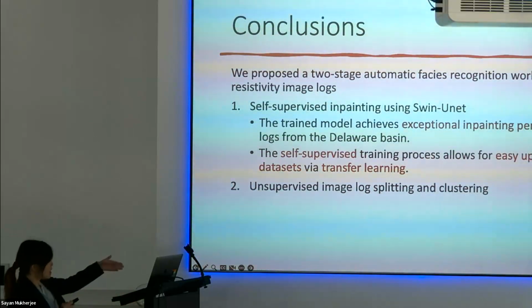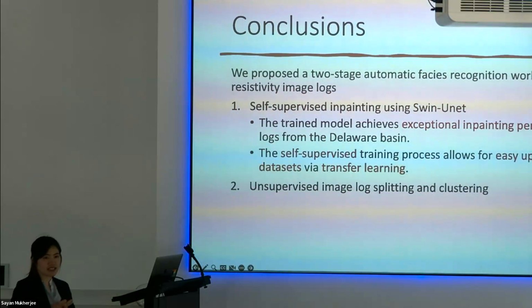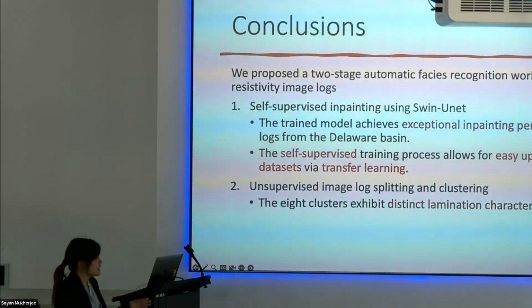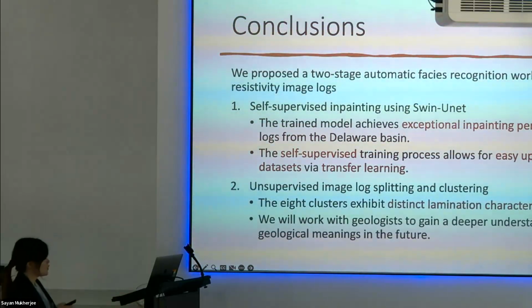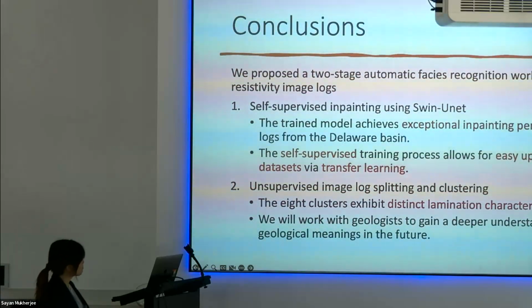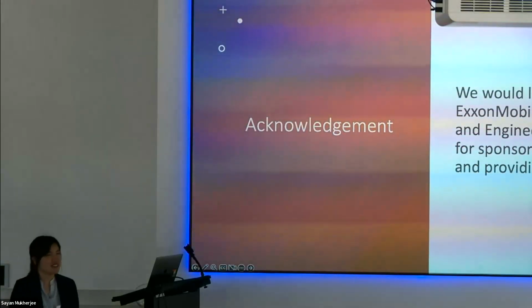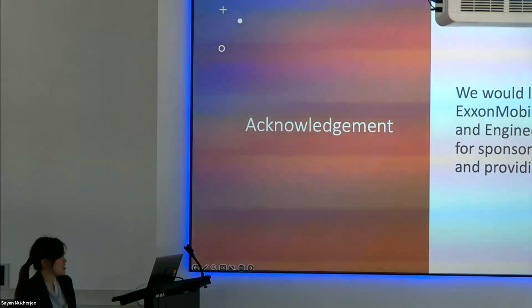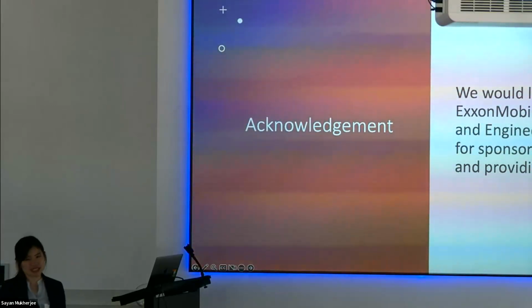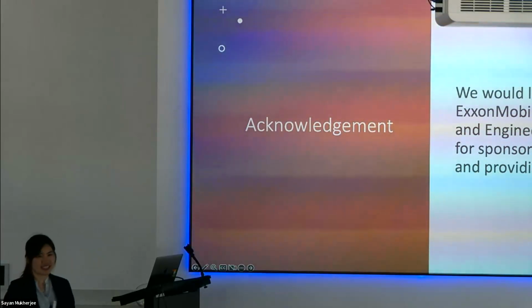After this step, we got 8 clusters for the Delaware data, and the 8 clusters exhibit distinct lamination characteristics. We want to work with geologists to get a deeper understanding of those clusters in the future. Finally, we want to thank ExxonMobil Technology and Engineering Company for sponsoring this project and providing the data. Thank you.